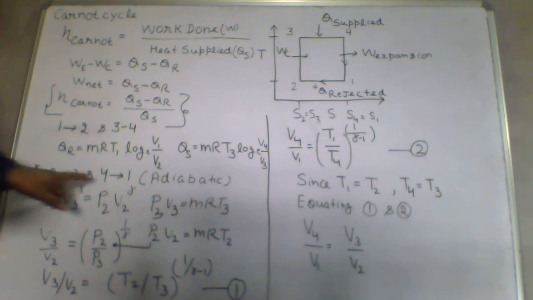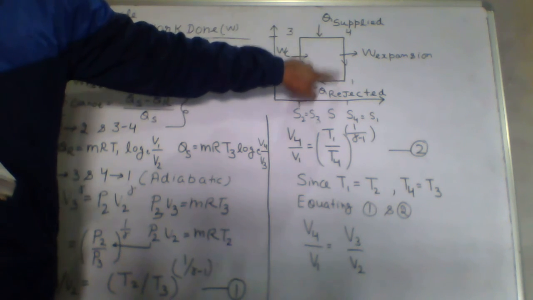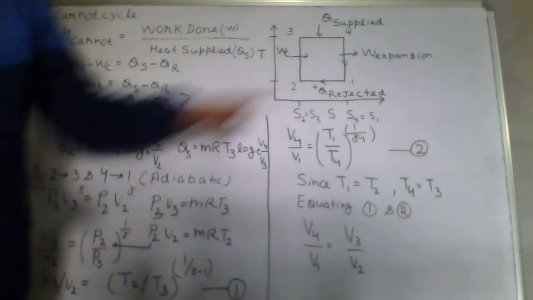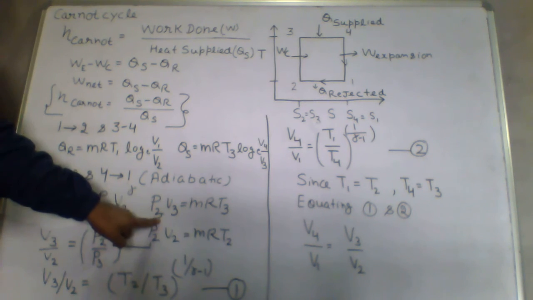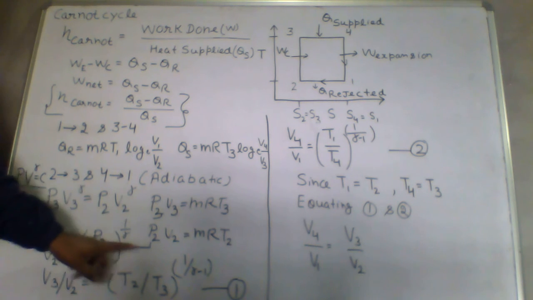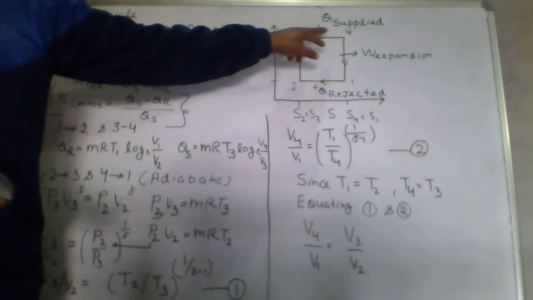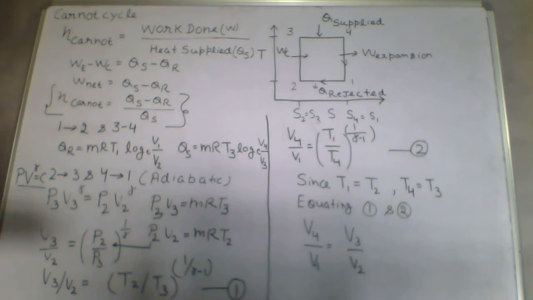And the same you can write for 4 to 1. 4 to 1 is your adiabatic expansion. So you can write the same equation here for 4 to 1 also.